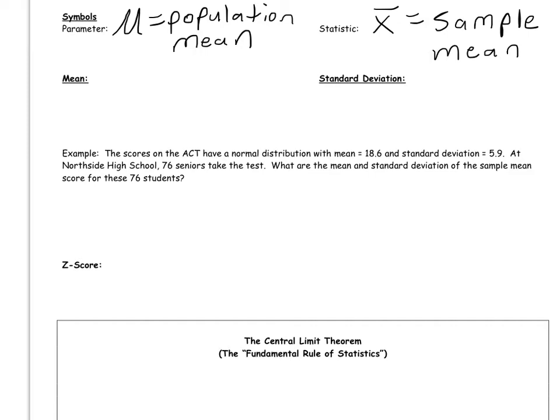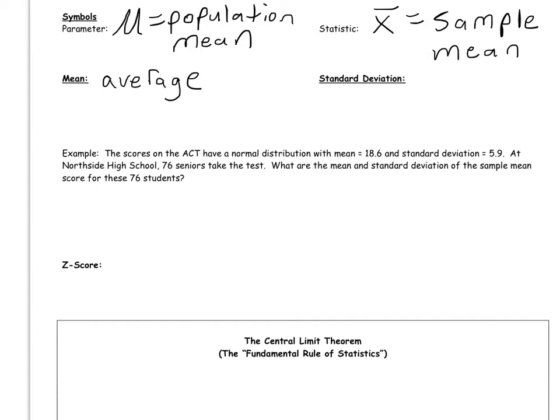And remember, when you use the word mean, you're just really thinking old school average, like you're adding up all the numbers and dividing by how many there are. So the standard deviation formula is going to look a little bit like the standard deviation formula for proportions. Remember, for proportions, the standard deviation was the square root of p times 1 minus p over n.